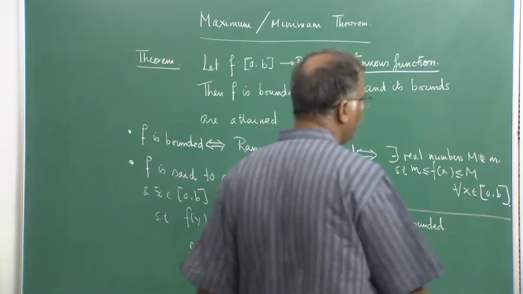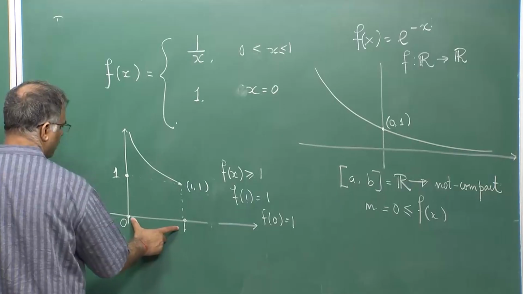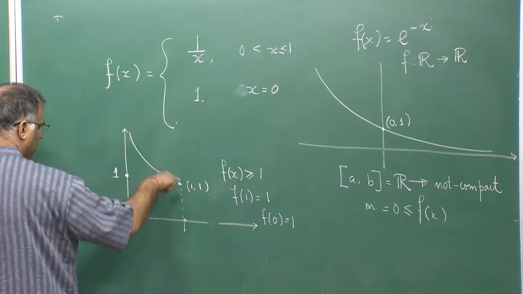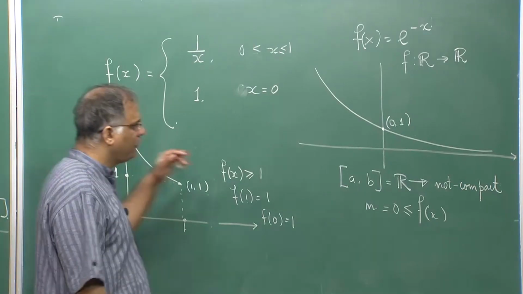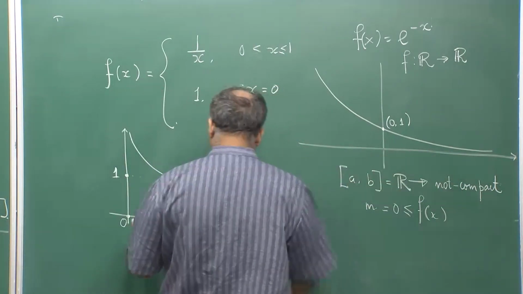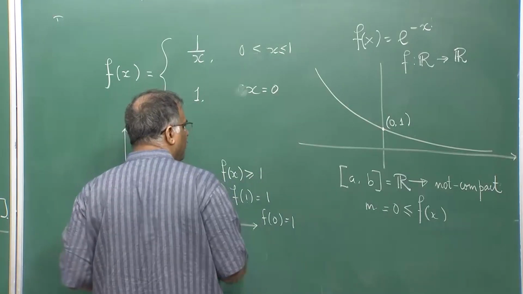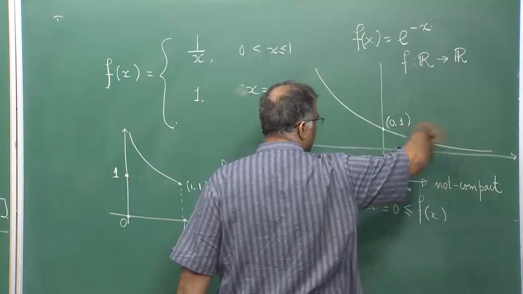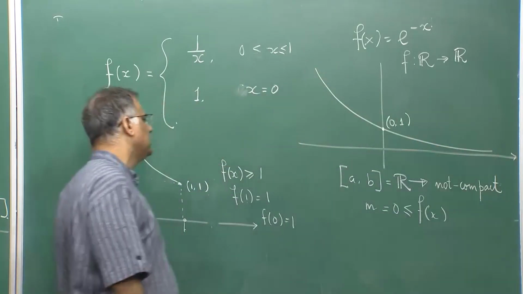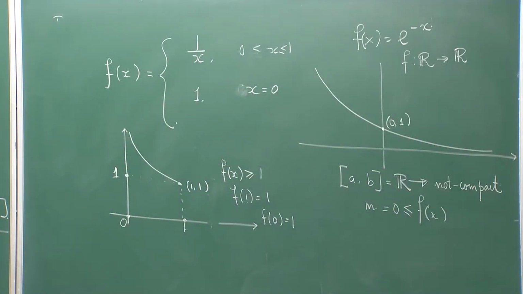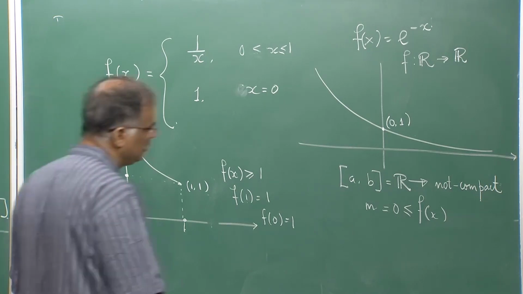So, here what we have shown is that even if the function is defined over this interval, continuity is done. Here we have defined over whole R. So, basically the property of this 0 1 interval is no longer there on the whole R, and thus continuity does not guarantee the existence of the bounds.